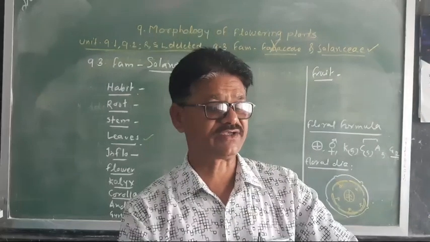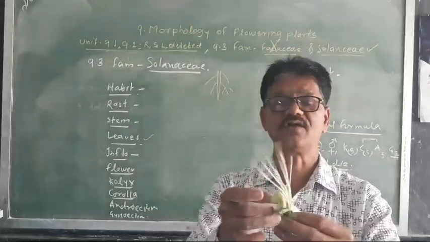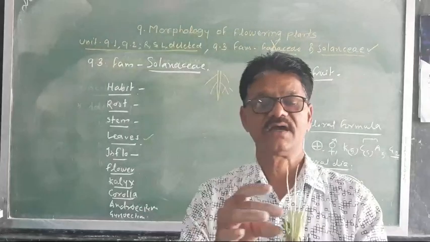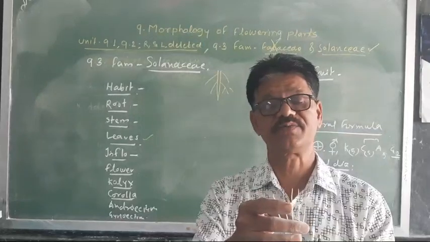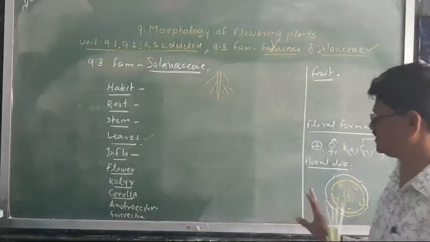So if all organs are present, then it is complete, and if both gynoecium and androecium are present, then it is perfect. So it is a perfect type of flower.